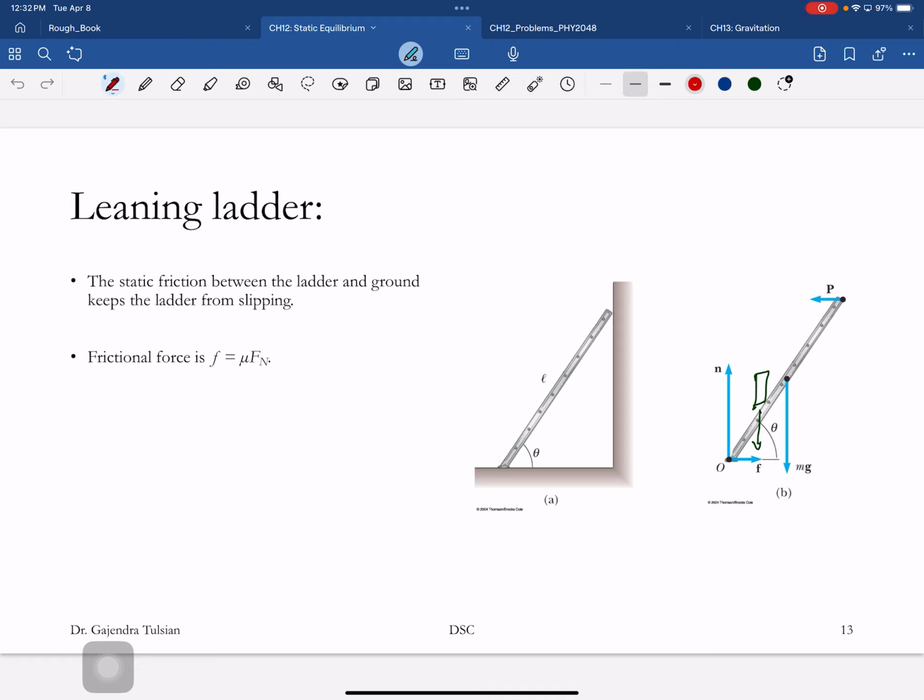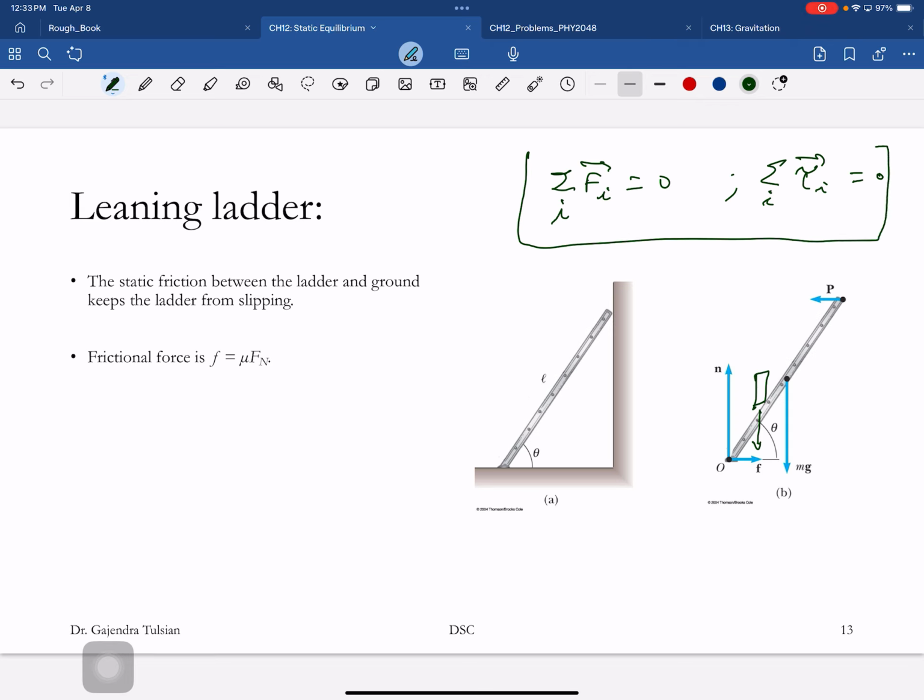The two conditions necessary for the object to be at rest were: the sum of the forces needed to add up to 0, and the sum of the torques of these forces needed to add up to 0. So those were the two conditions for static equilibrium.